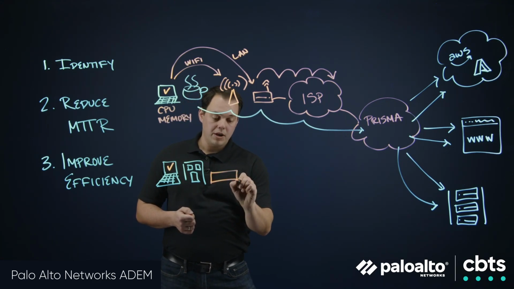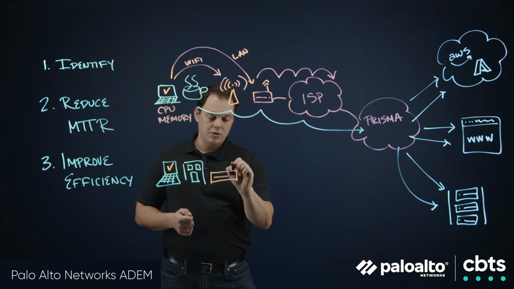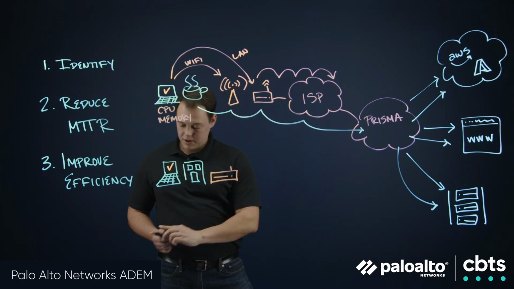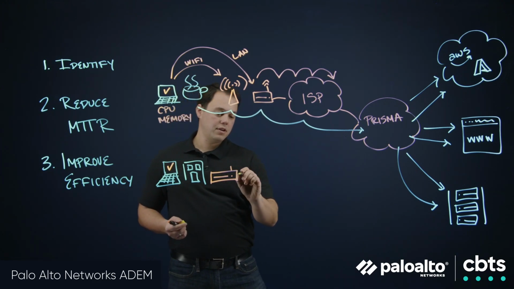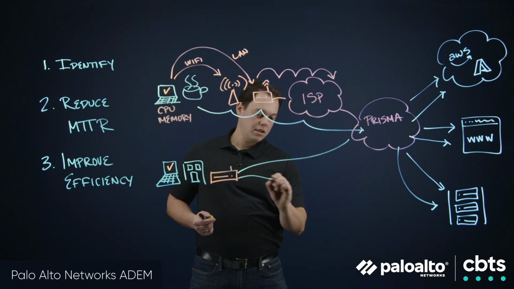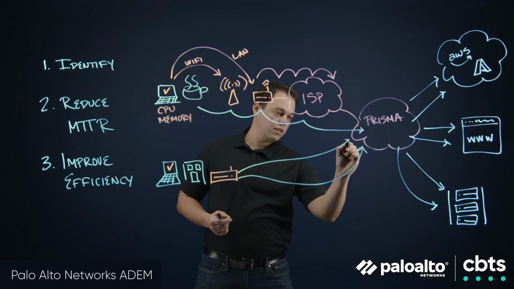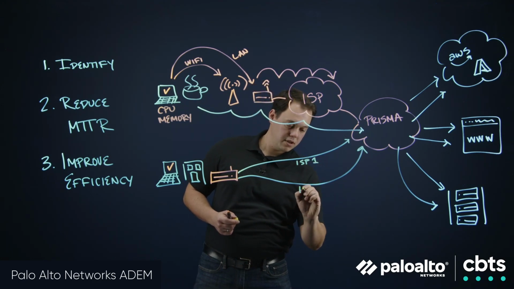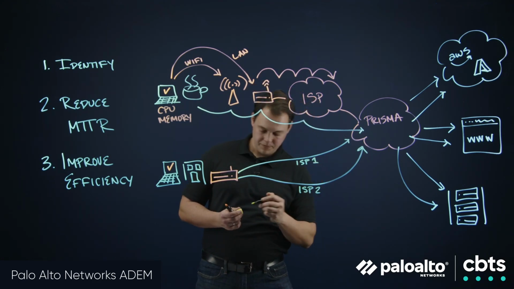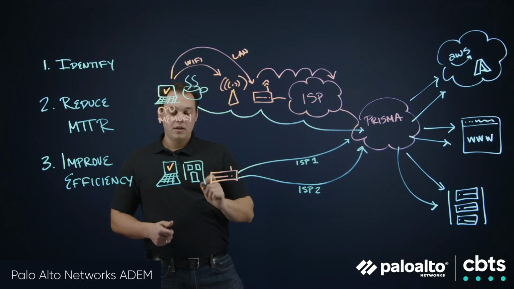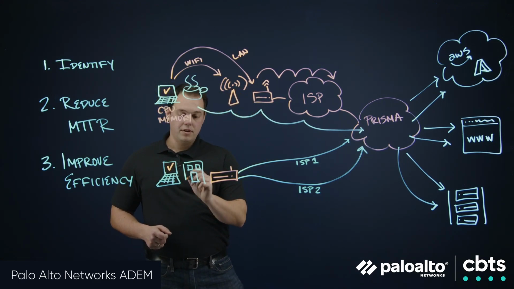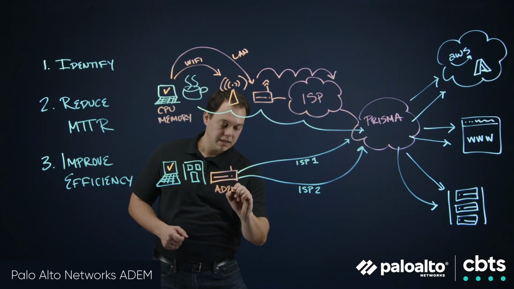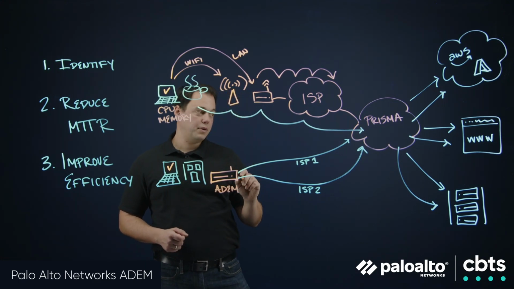Now, when we're talking about my own network, for those users that might be working in my branch offices, especially when I've got users that might have multiple internet links that build tunnels to Prisma, here's ISP1 and ISP2. Not only can I test from the endpoint using ADEM, but ADEM can also test from the SD-WAN appliance from Palo Alto.